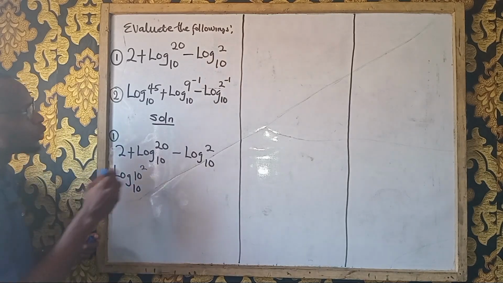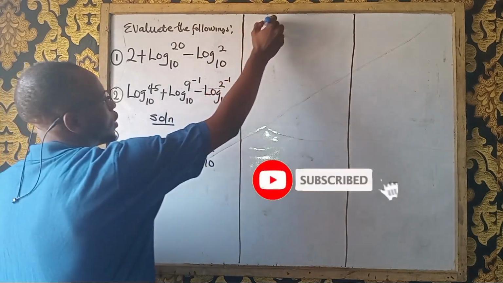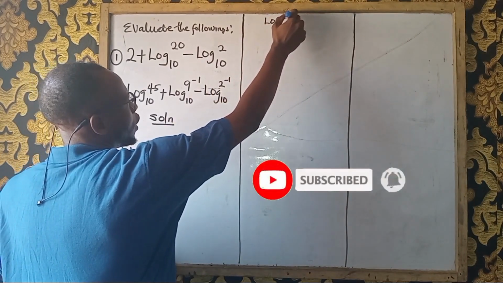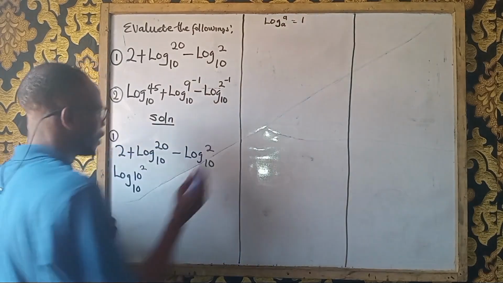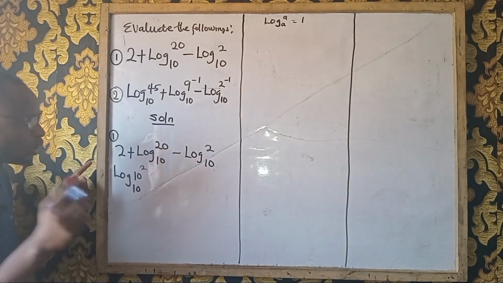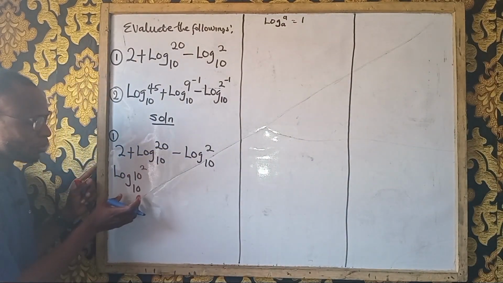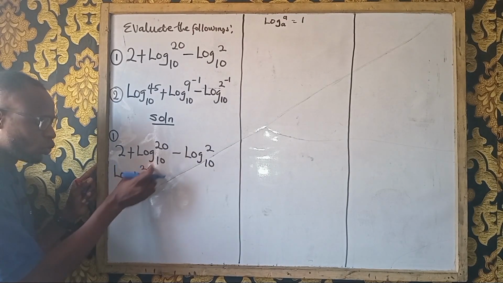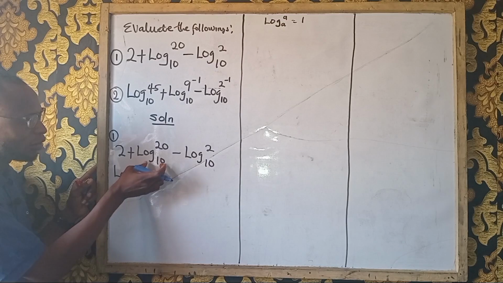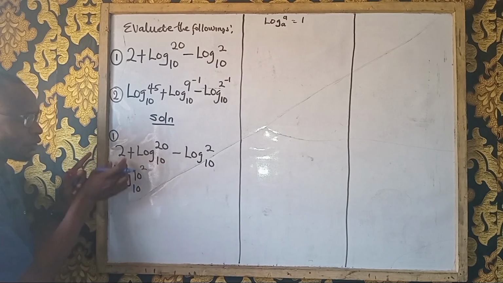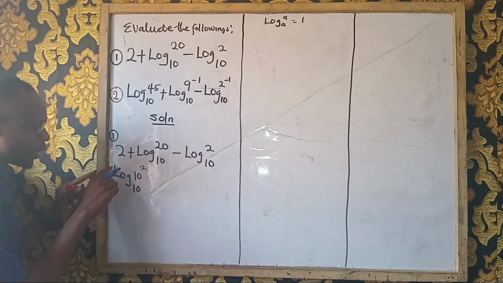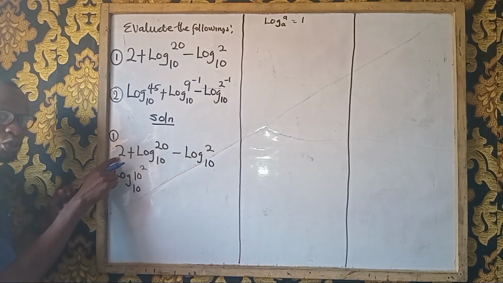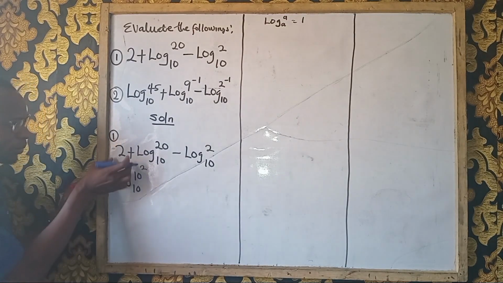Because I told you that whenever you have something like log a in base a, it is equal to 1. So similarly, assuming you have log in base 5 here, this will have been 5 raised to power 2 in base 5. But because we have log to be in base 10 here, we also have to improvise for this one in such a way that by the time we evaluate this one, we'll result back to 2. So this one is the same thing as this.